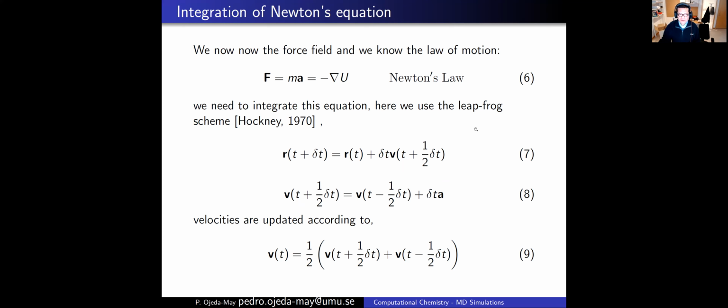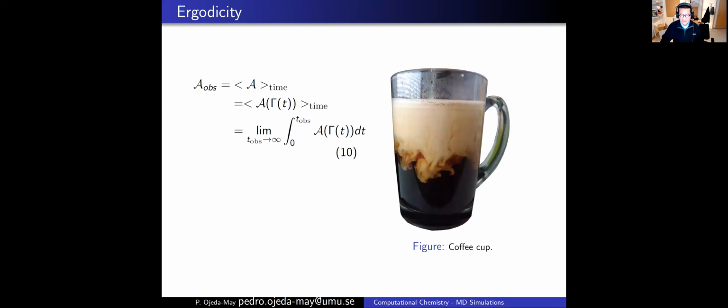Here I show you the leapfrog scheme, where you compute the velocities at the middle of the interval, and then you add them to the positions and update the positions, and do something similar for the velocities. In this way, you can propagate the dynamics.